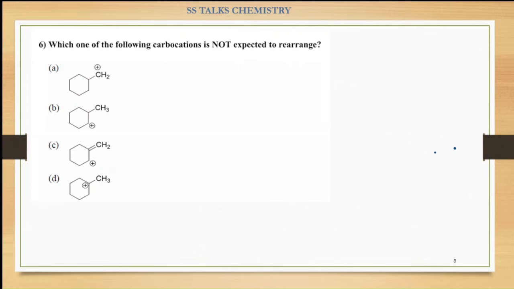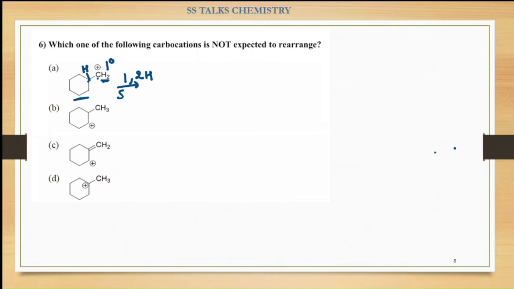Now in this case, in molecule number 1, the CH2 species that is present, this carbon is further attached to one carbon atom. That means it is a primary carbocation. If I want to do a rearrangement in this, there is a hydrogen atom present, so I can do a 1,2 hydride shift.